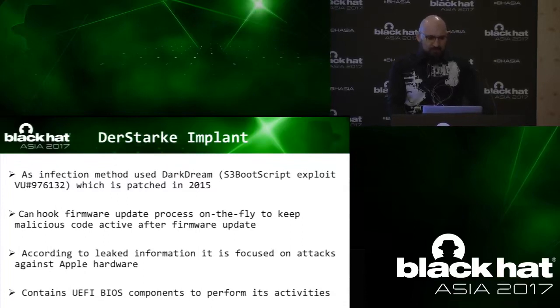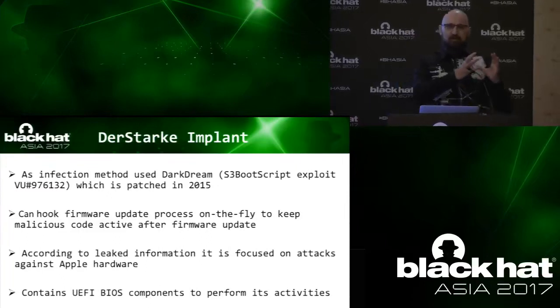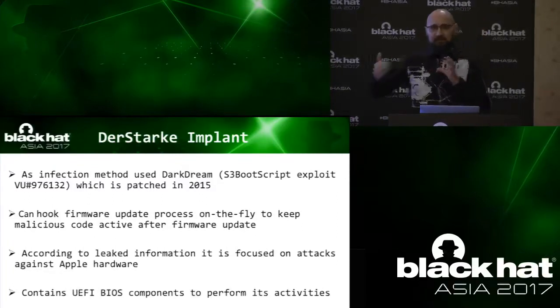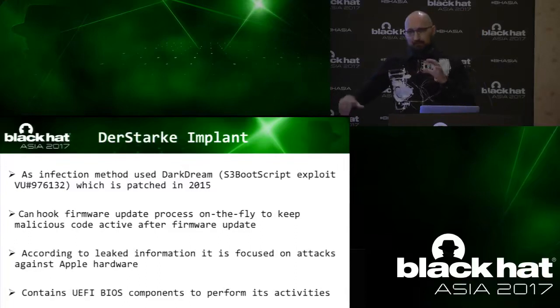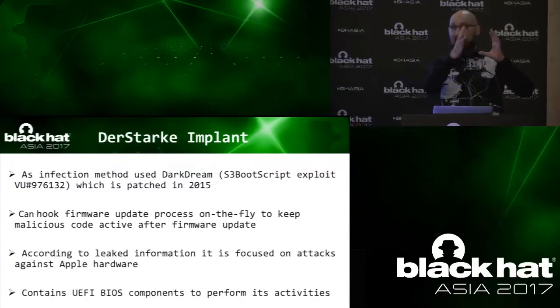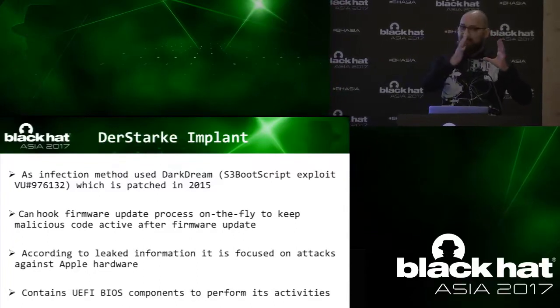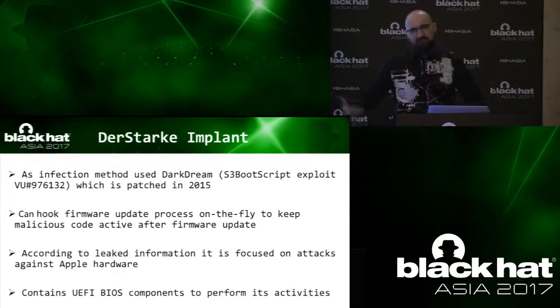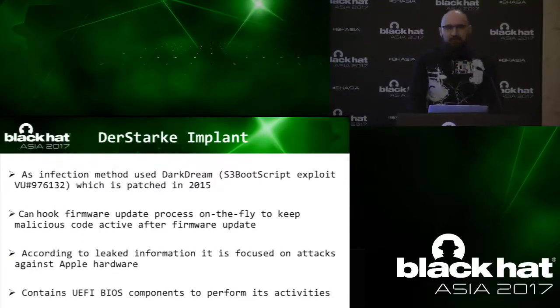How it actually works, according to the documentation, is that it can hook the firmware update process, which is very interesting. When the firmware update is mapped to a specific memory region and calls a specific SMI handler to deliver the update to SPI flash, before that, the implant patches this BIOS update in memory and keeps the infection in the already updated BIOS. When the SPI flash is updated, we already have the same malicious content inside our SPI flash, and it will be persistent.